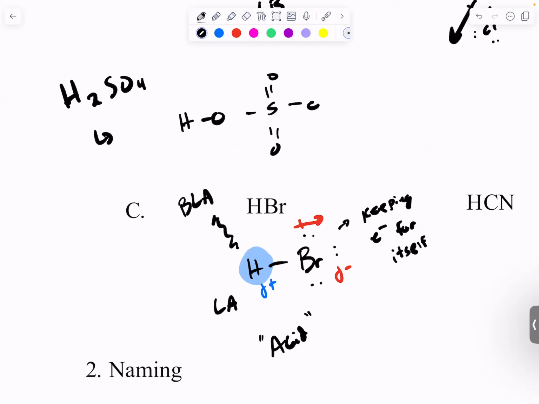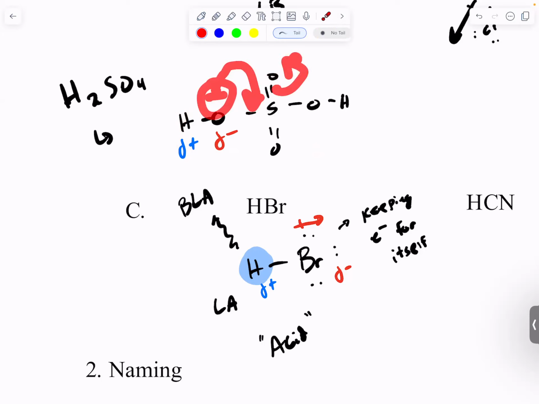You have your H2SO4. But same idea. You have a hydrogen that's next to the O minus, right? So the same thing. This is pulling this way, partial positive, and so you can move this over here. And the reason why this is also a really good acid, if you think about the delocalization that can happen, if this is O minus, this can come down, which means this can go up, right?